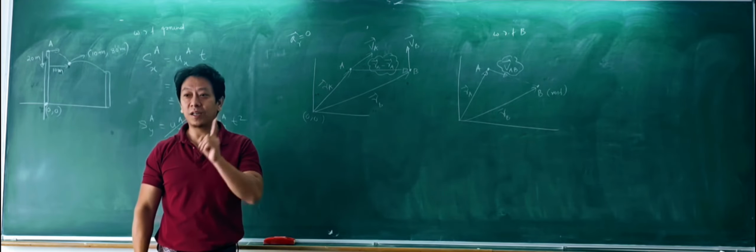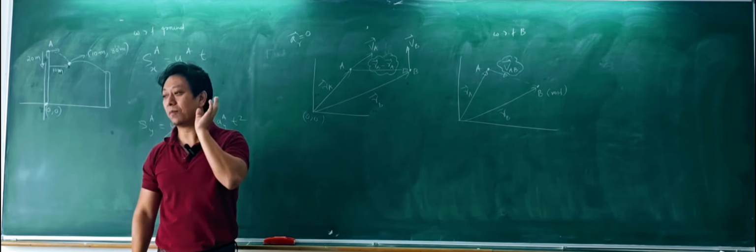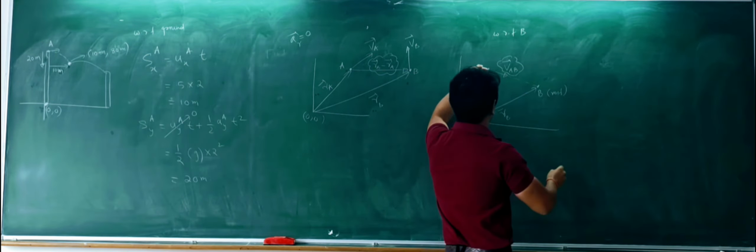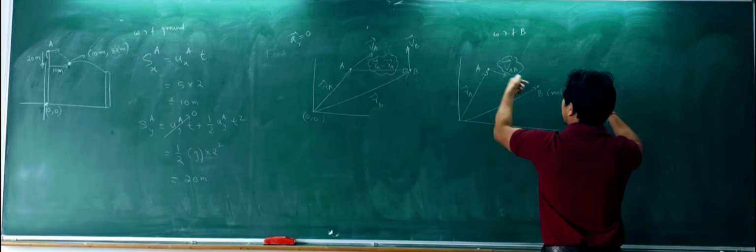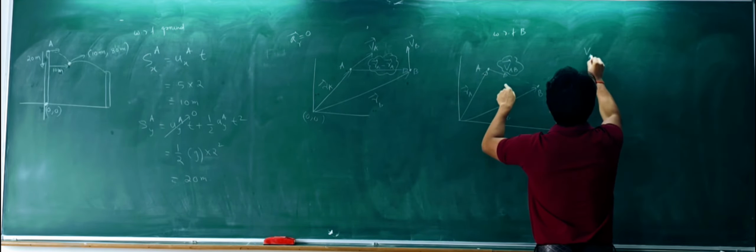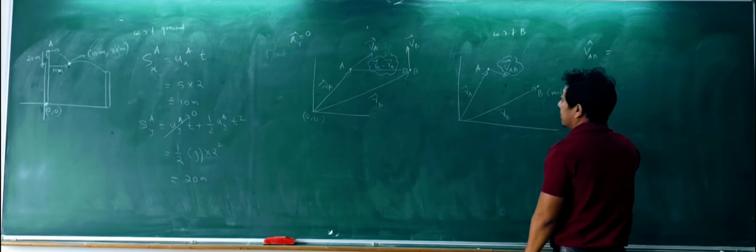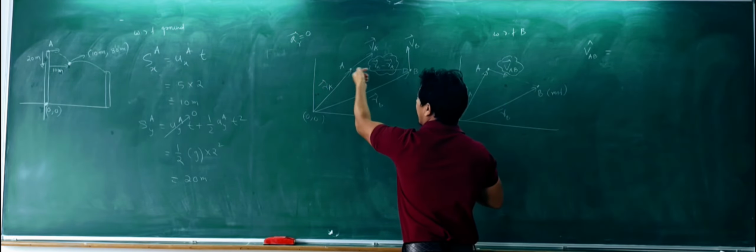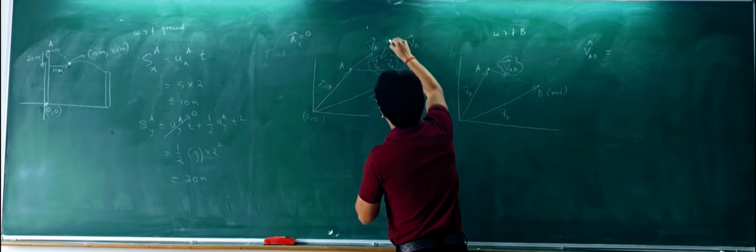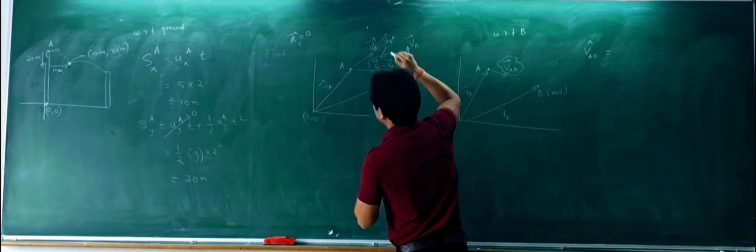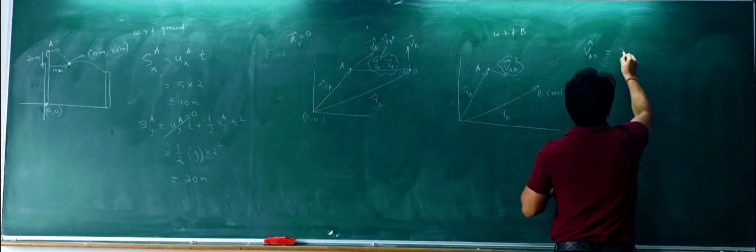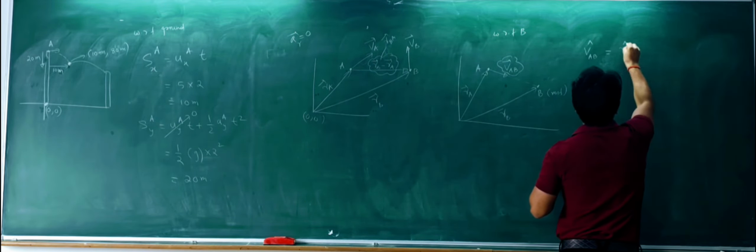That means the unit vectors in those two directions must be the same. So the unit vector in this direction, V_AB cap, must be the same as this cap. Let me call this vector R_BA vector. Then it should be R_BA cap.